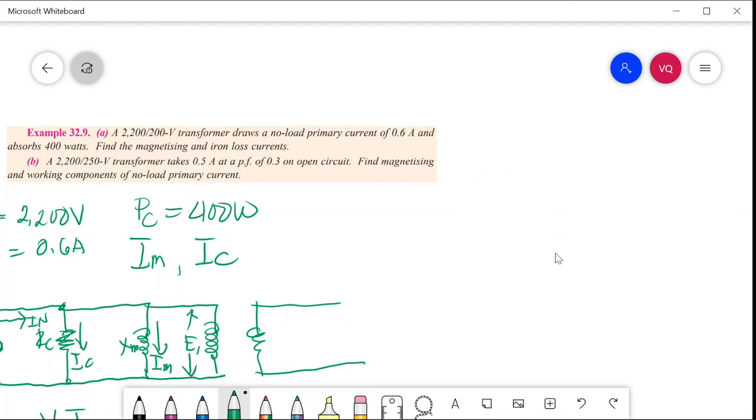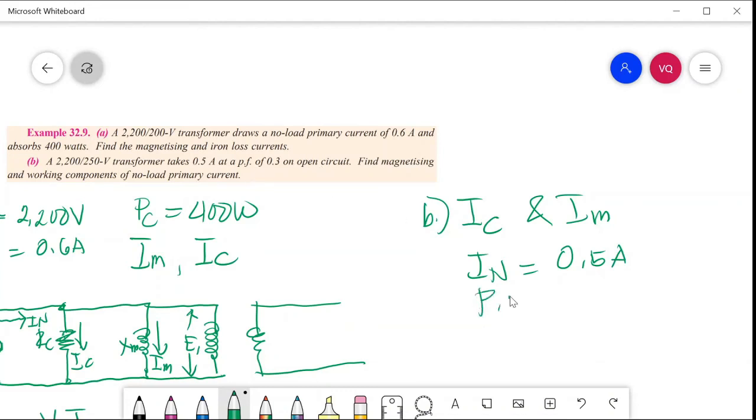So, the unknowns are IC and IM. Our IN is equal to 0.5 ampere and we have an open circuit power factor of 0.3.